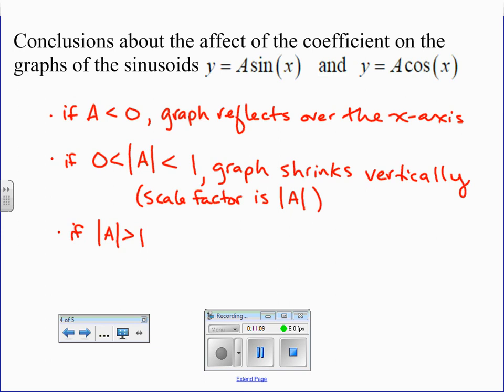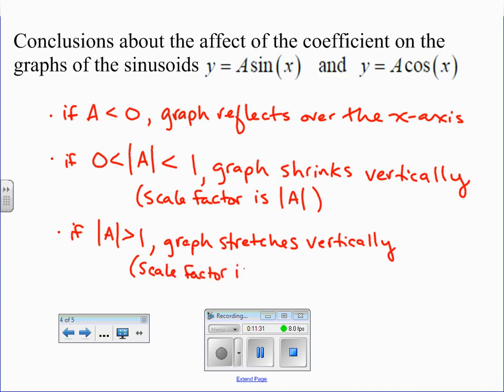So we're going to have just greater than symbols there. All right, so if absolute value of a is greater than 1, graph stretches vertically, and the scale factor is the absolute value of a.